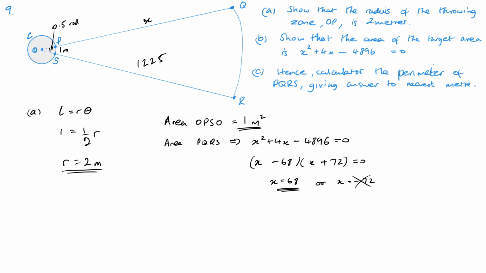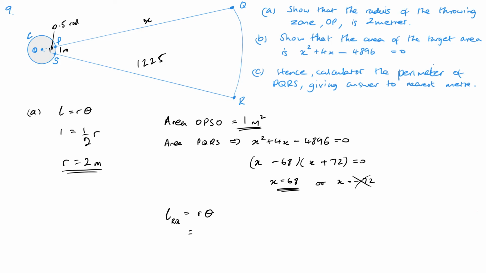Now, before we can solve it, we're also going to need Q to R, this arc length, aren't we? Okay, but we needed x to be able to do that. So we want the arc length. So we want L, but the arc length, that is RQ. And that's r theta.